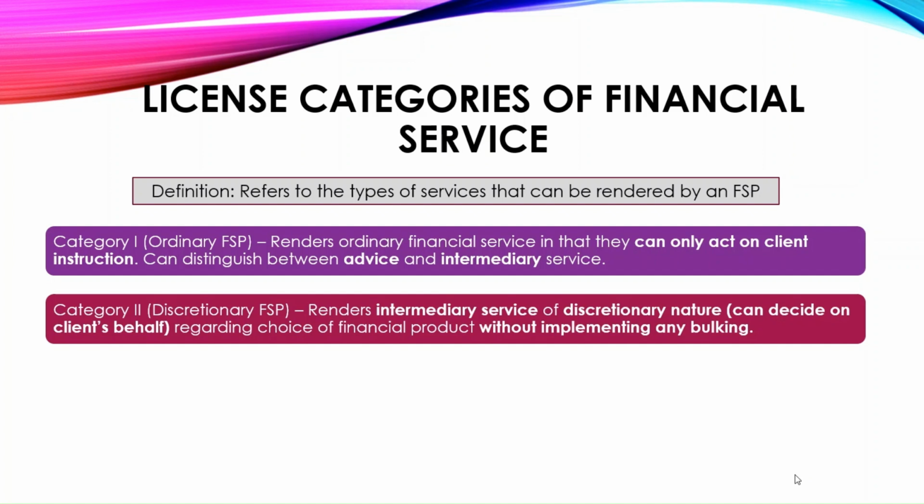So discretionary nature means that, as opposed to the category 1 FSP, a category 2 FSP can actually act on the client's behalf, and it cannot implement any bulking. So three things to remember there: renders only an intermediary service, can act on behalf of the client, and there's no bulking involved.